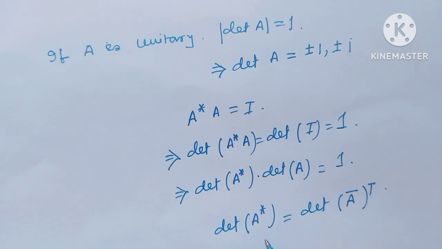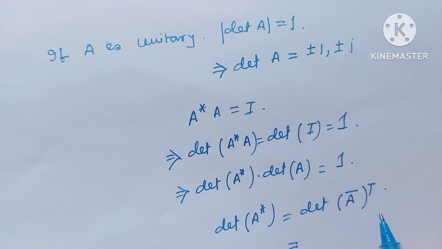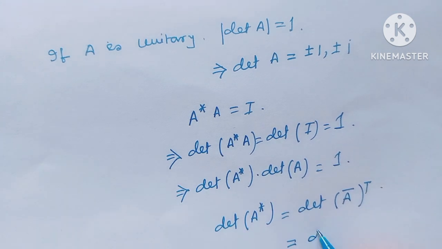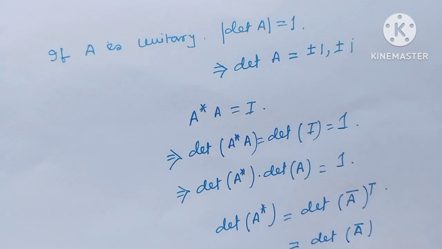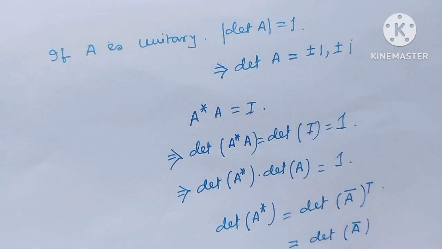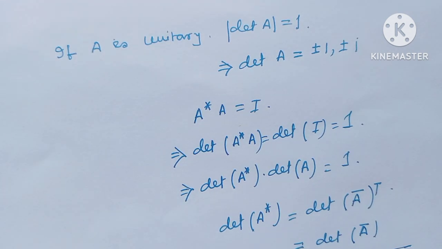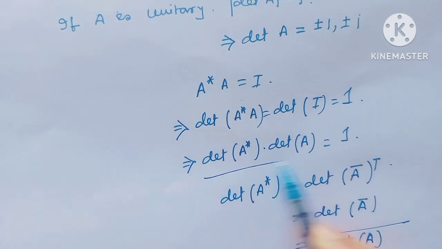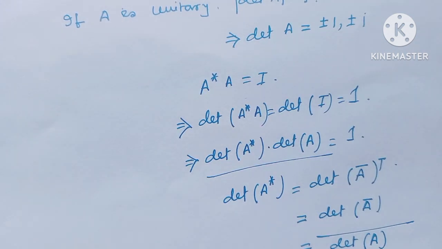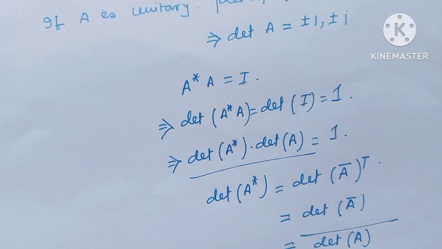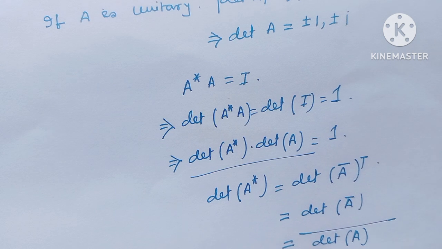We know that determinant of A star means determinant of A conjugate transpose, and the determinant of A transpose is the same as the determinant of A, so this is equal to the determinant of A conjugate, which is the conjugate of the determinant of A. So the conjugate of determinant of A times determinant of A equals 1.